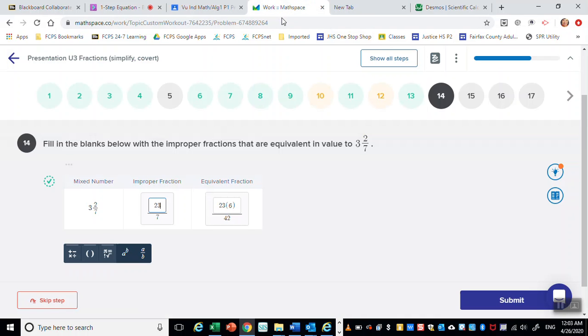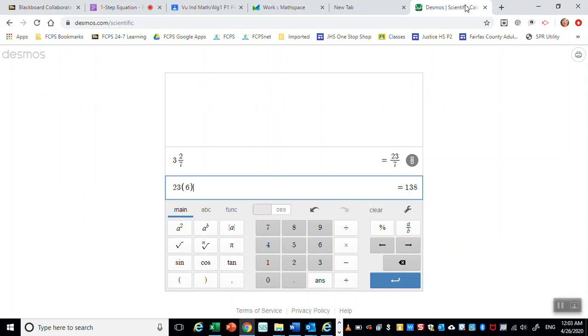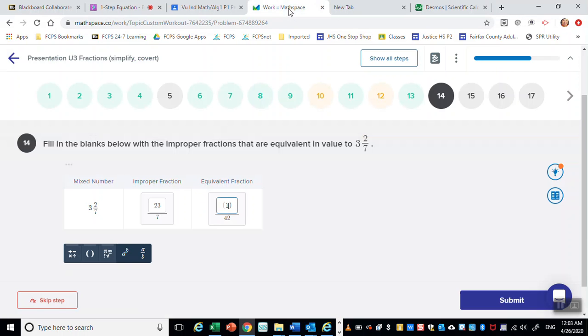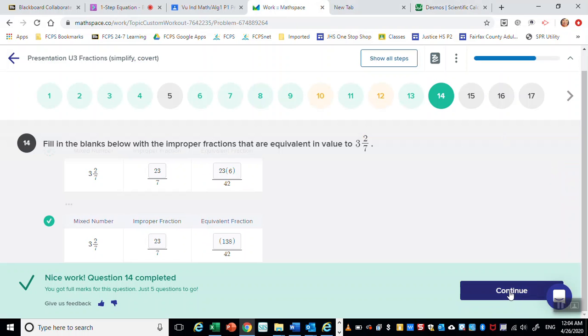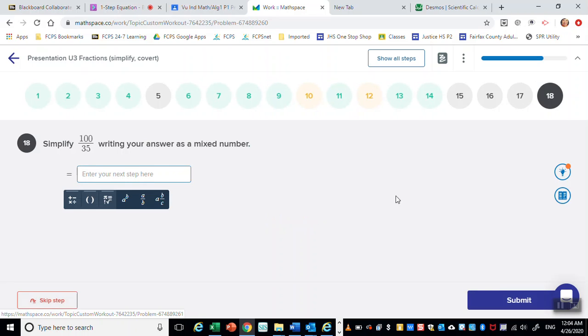So you go back here, and then you put in the numerator, 138, and then you submit. That's it. 14, and then the next question I want to do for you is question 18.